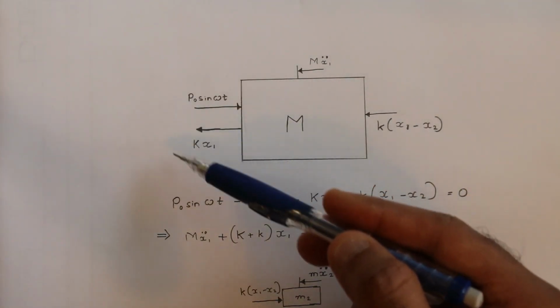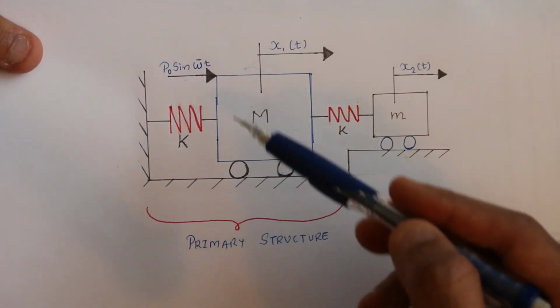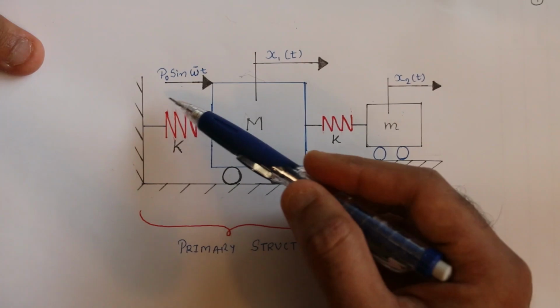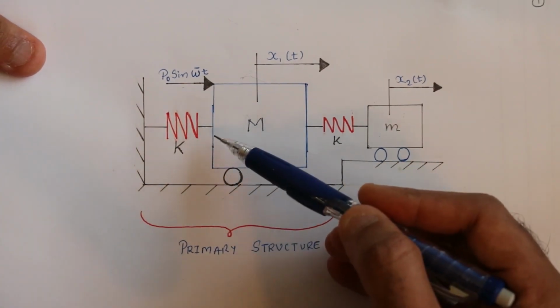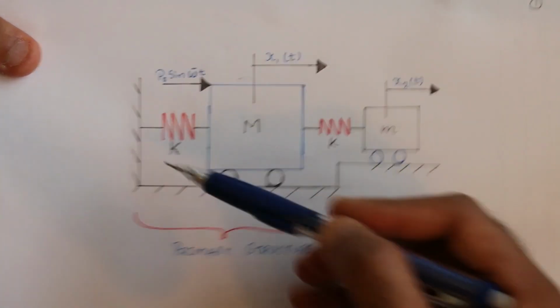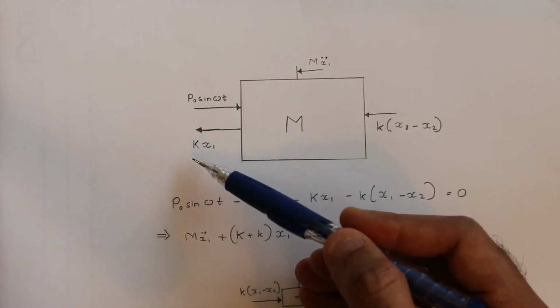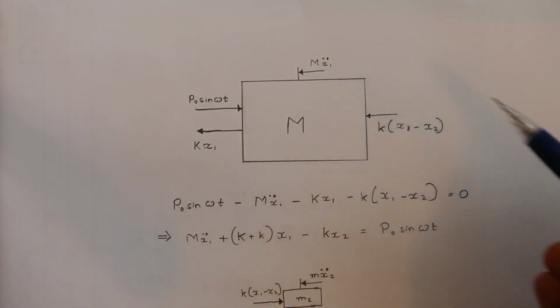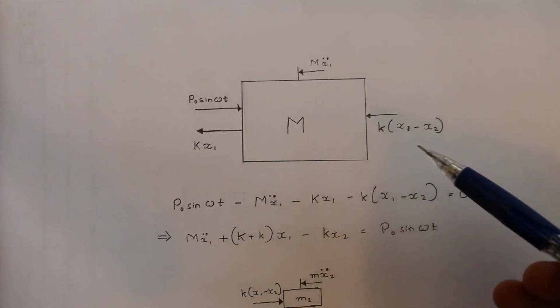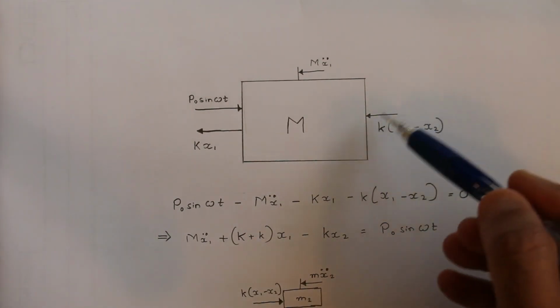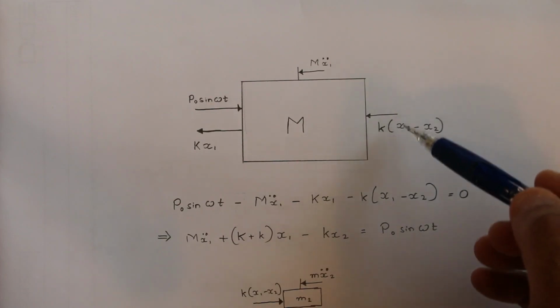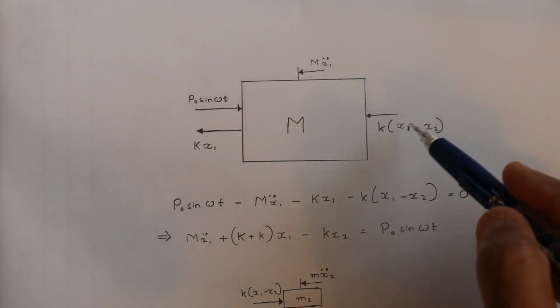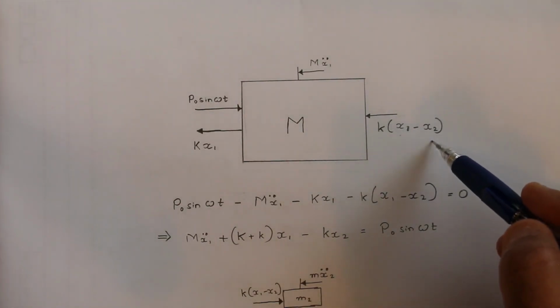Now there was a spring attached behind this mass M, capital K. So once we push the system this way, the spring will be pulling back the mass in this direction. So that's why it's K x1. And the other spring that is in front of the capital mass M will be compressed, and the compression force will be equal to small k times the relative displacement between the main mass and the secondary mass.